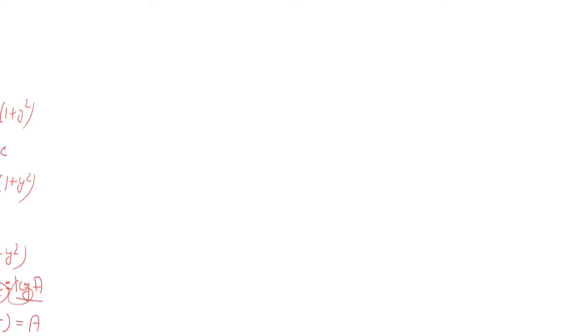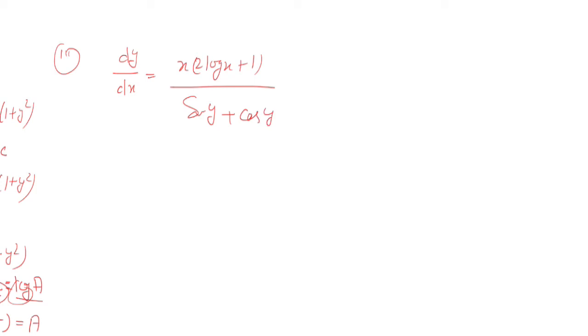So we will do again some questions. The third question is that suppose you have a function dy by dx equal to x into 2 log x plus 1, whole divided by sin y plus y cos y.